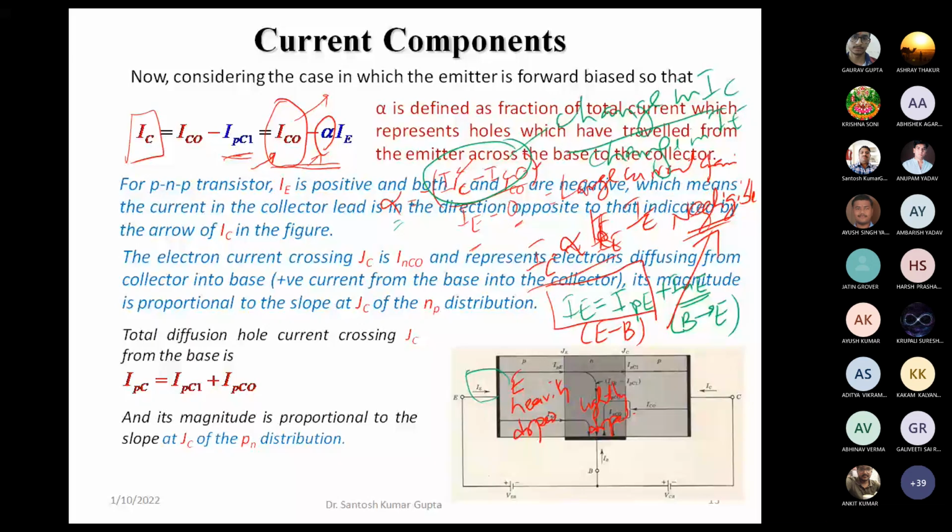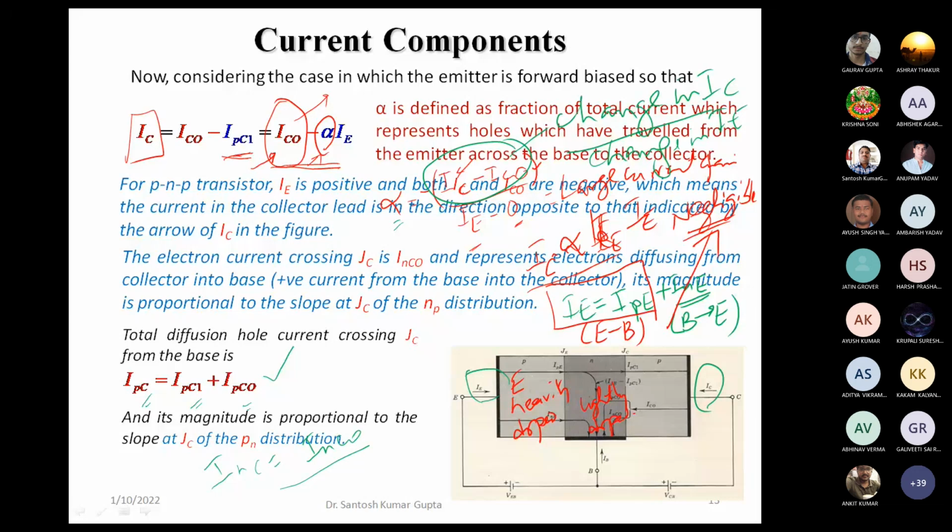The other remarks we have already gone through in the last lecture. So if we only look at the whole current component, which is forming this collector current, IPC can be written as IPC1 plus IPCO, whereas in the IC current the contribution of the electron current one can write as INC, and that will be equal to just INCO.